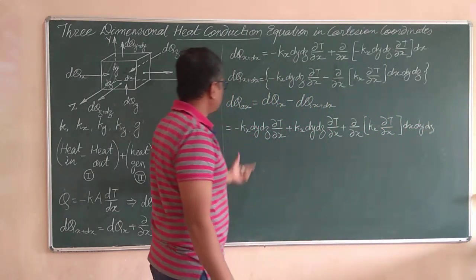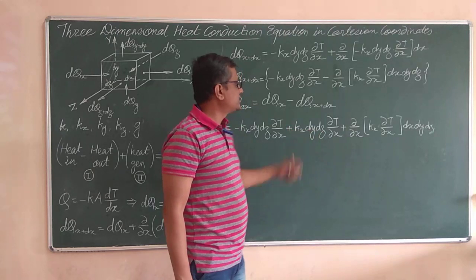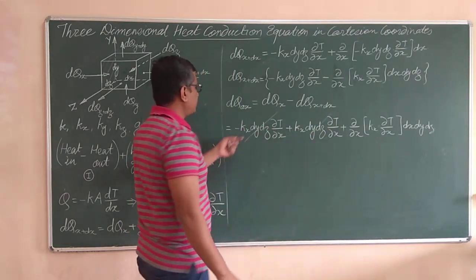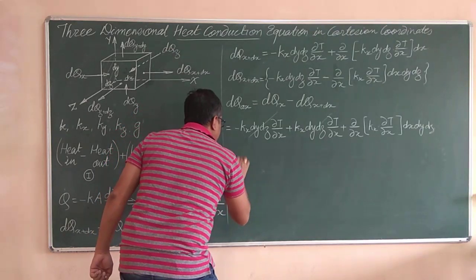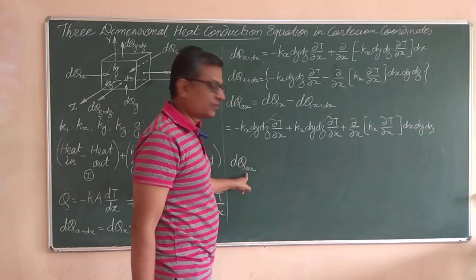So out of that you can check out this term and this term are exactly the same, so they will cancel out each other, plus term and minus term, and what will remain is the term dqax, that is the heat accumulation due to the heat flow in x direction.